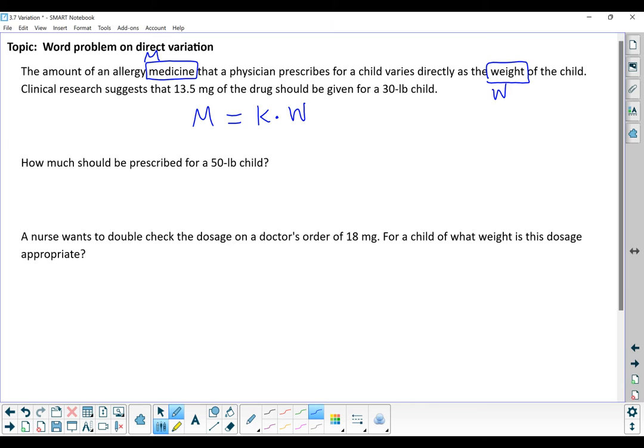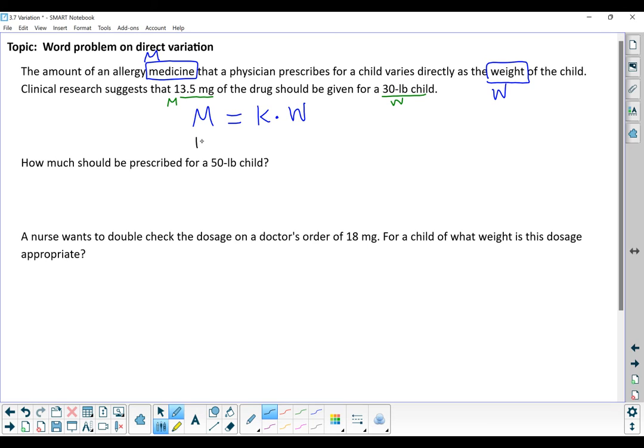So, clinical research suggests that a 13.5 milligram dose of the drug, so that's the medicine, should be given to a 30-pound child. That's a weight. Those two numbers, if I put them into the equation, will allow me to solve for k.